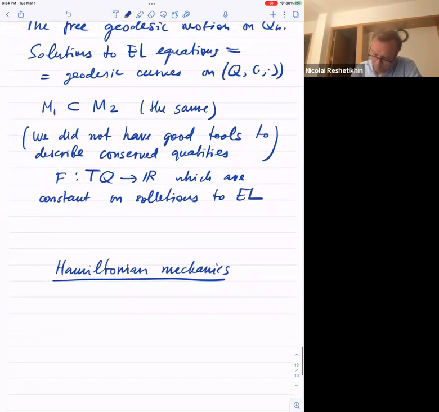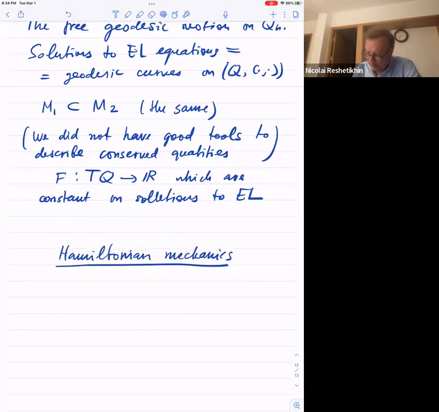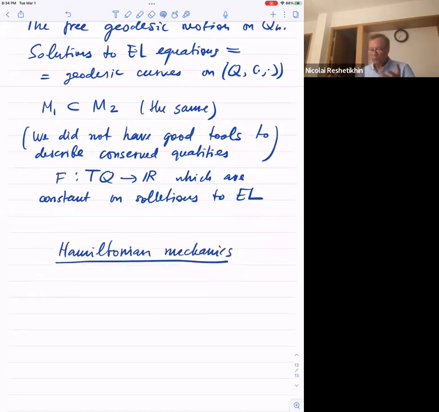One can argue that one of the strengths of Hamiltonian mechanics is that it gives you almost immediately a criterion for what kind of functions they should be.